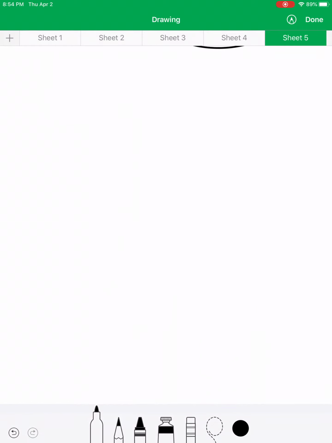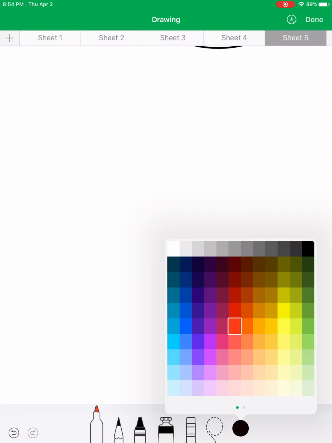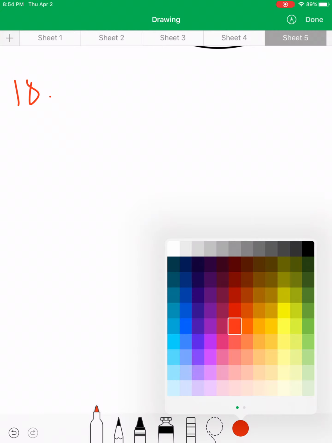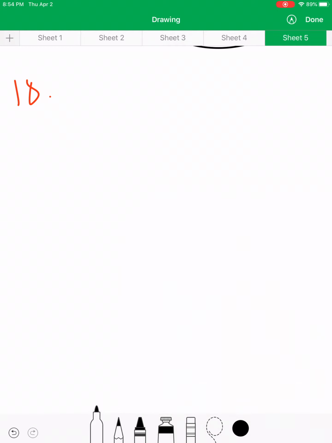All right, on to number 18. Let me try to write this one down correctly on the first try. All right, looks like it should be 5x plus 6y equals 4. There we go.